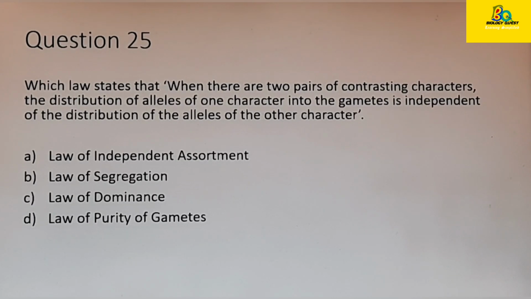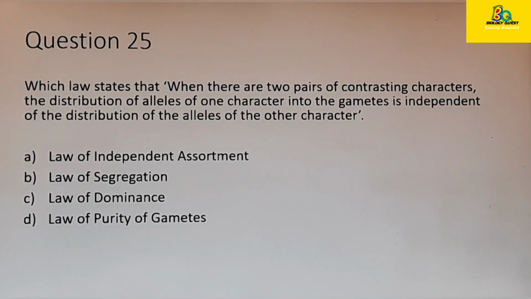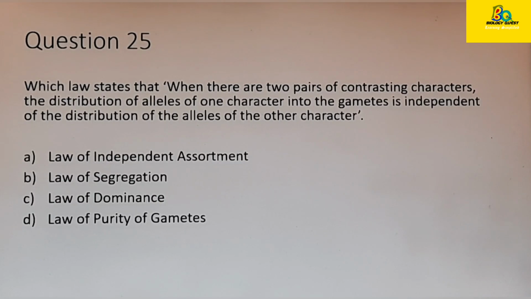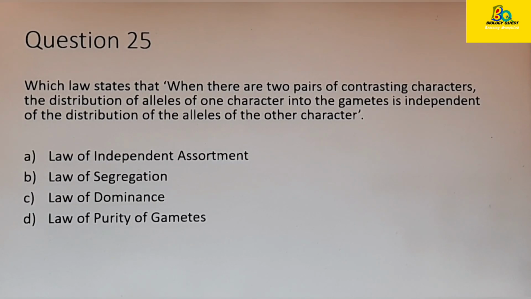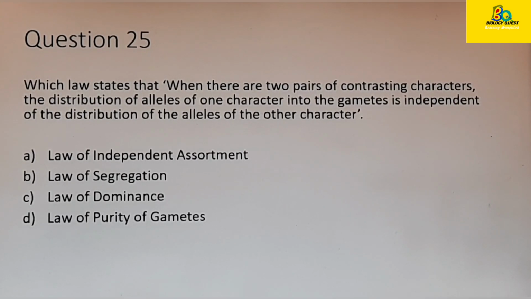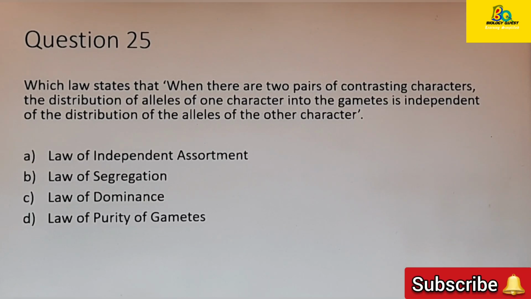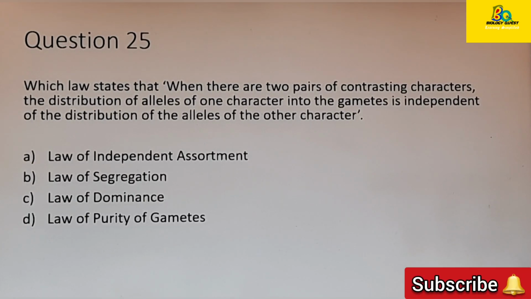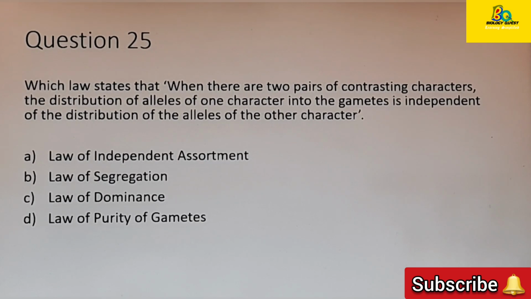Law of dominance is, out of a pair of contrasting characters present together, one is able to express itself and the other remains suppressed. That is the law of dominance. Here, when there are two pairs of contrasting characters, this is related with the dihybrid cross.